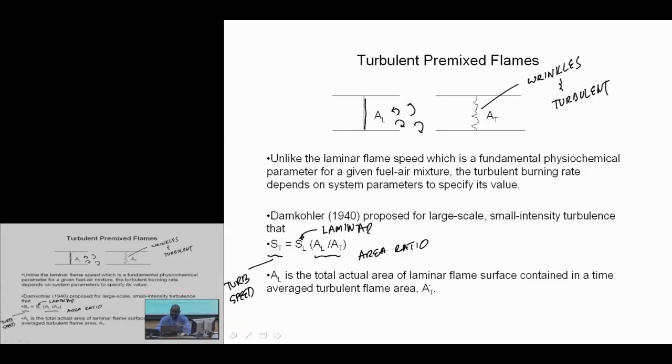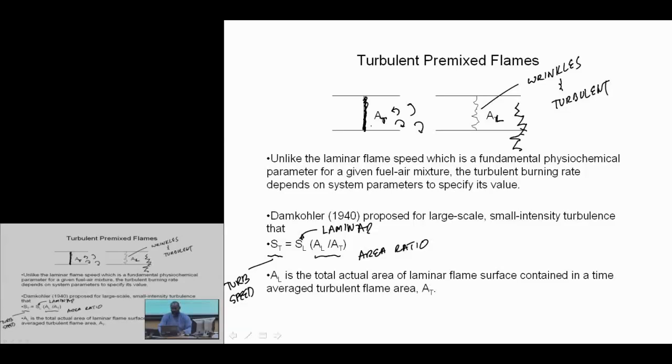It's a little bit backwards here, so I should call this A_L and A_T to be consistent. It would look like this A_L, where these are individual laminar elements, and this A_T is some average description, averaged area.